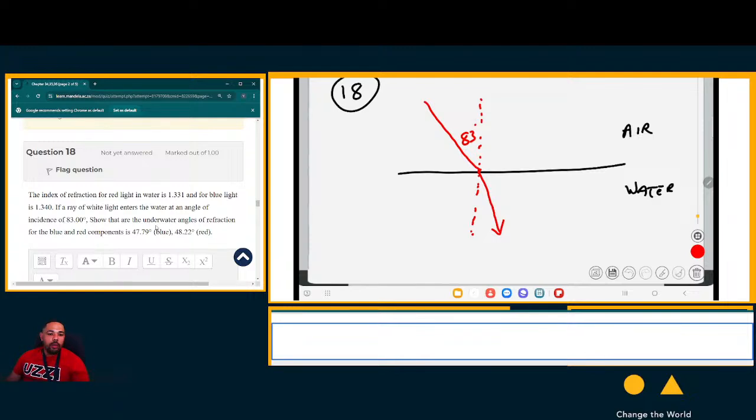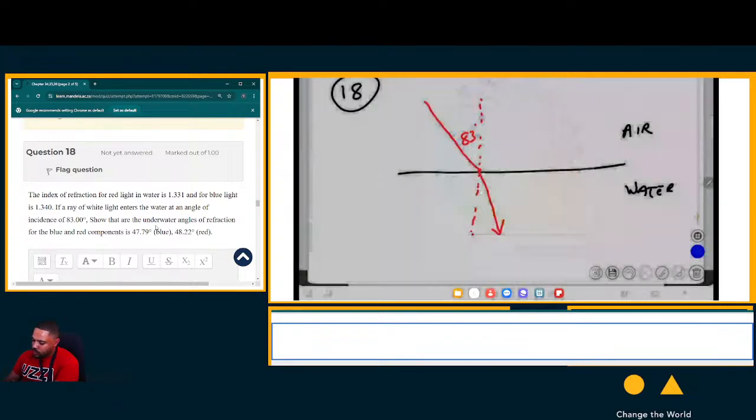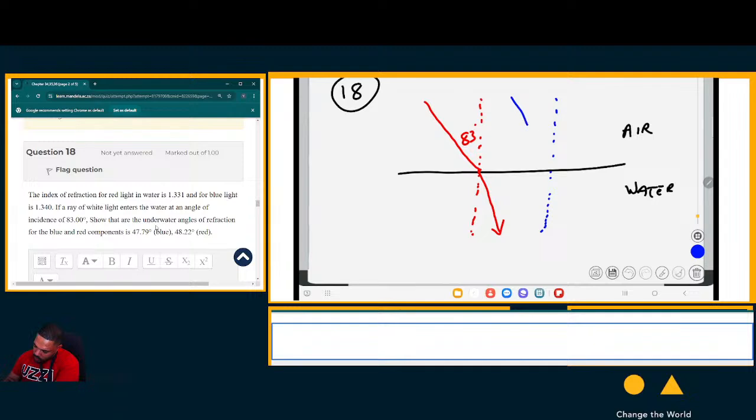Then for blue light, we have the exact same thing, but the light is blue. I'm drawing these two separately, but they're actually both traveling together in white light, because white light is made up of both red and blue. So the blue light also enters at 83 degrees from this white light, and it's also bent towards the normal.